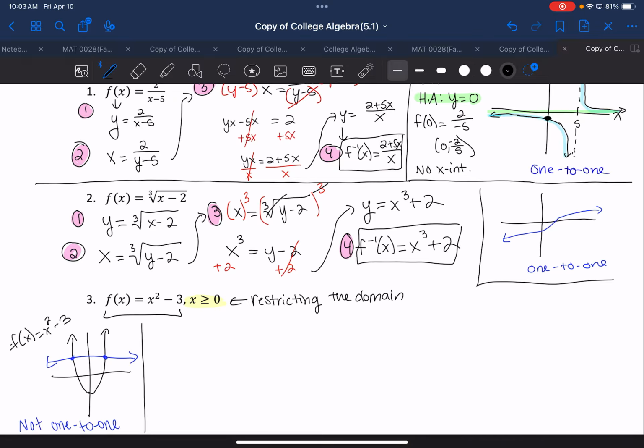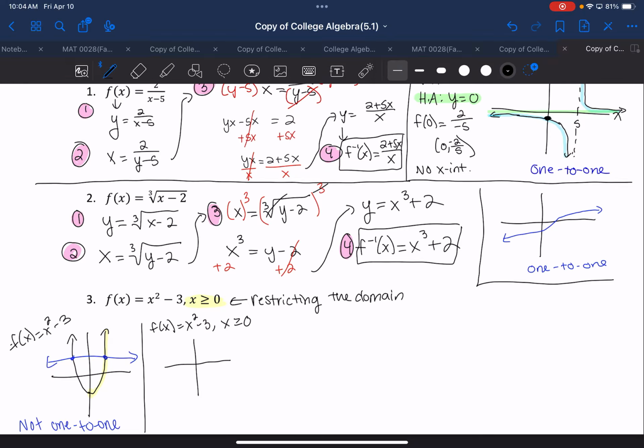But if they restrict my domain, then I'm only graphing that graph from x is equal to 0, which would be here, and to the right.